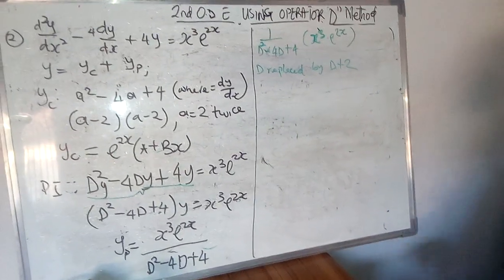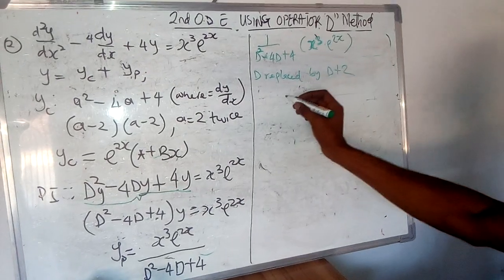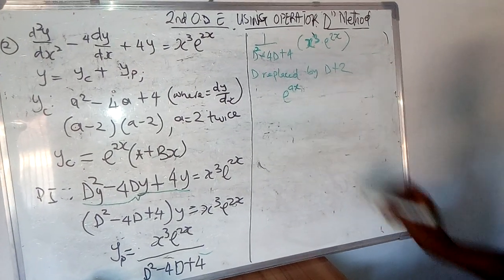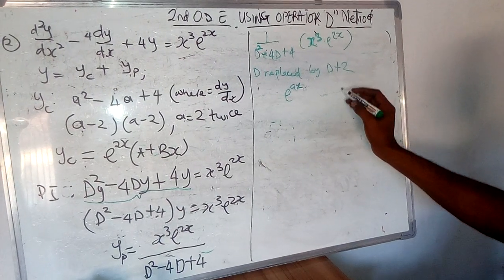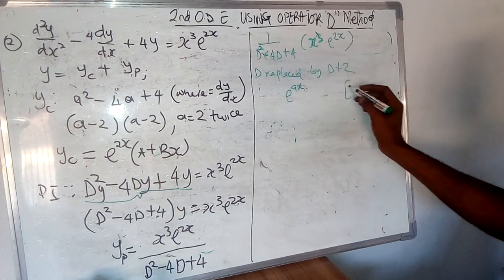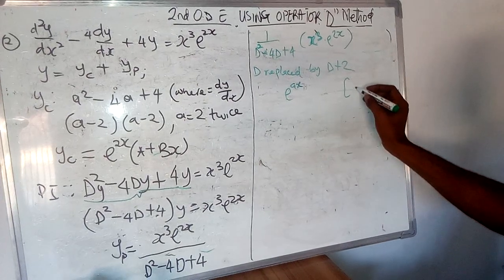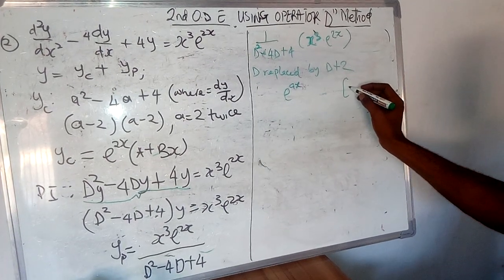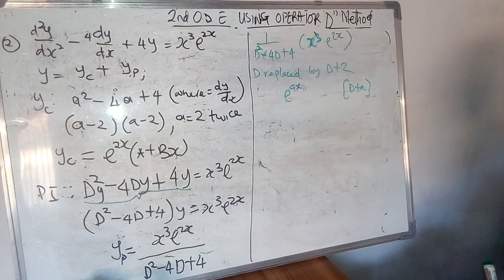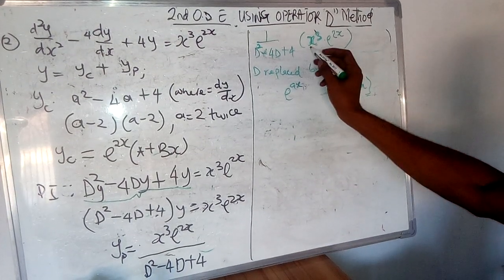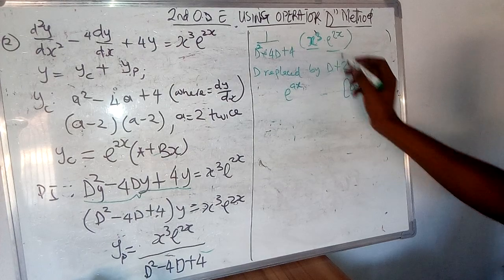The strategy here is, if you are operating on an exponential function of e raised to the power ax, what you replace is the operator d with d plus a. In this case we are operating on a polynomial function and an exponential function.